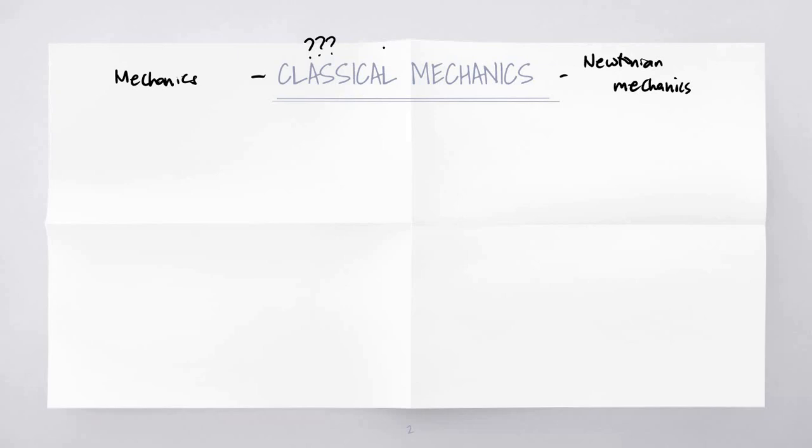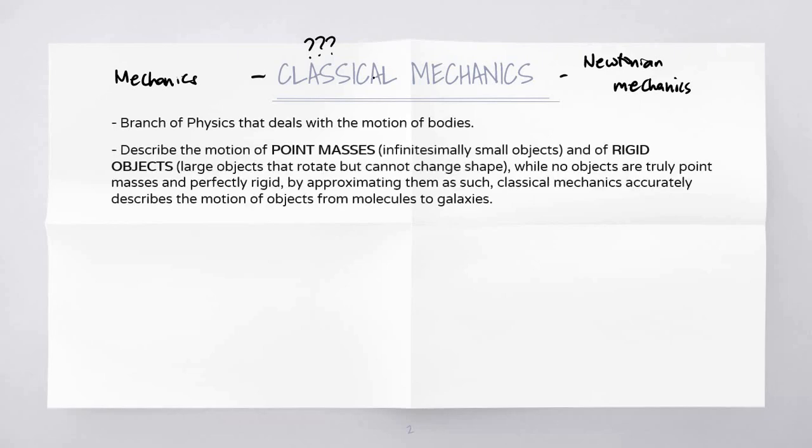All right. So what is the definition of classical mechanics? Classical mechanics is a branch of physics that deals with the motion of bodies. So we're talking about motion itself of what? Of different bodies. In classical mechanics, we have two different types of bodies.